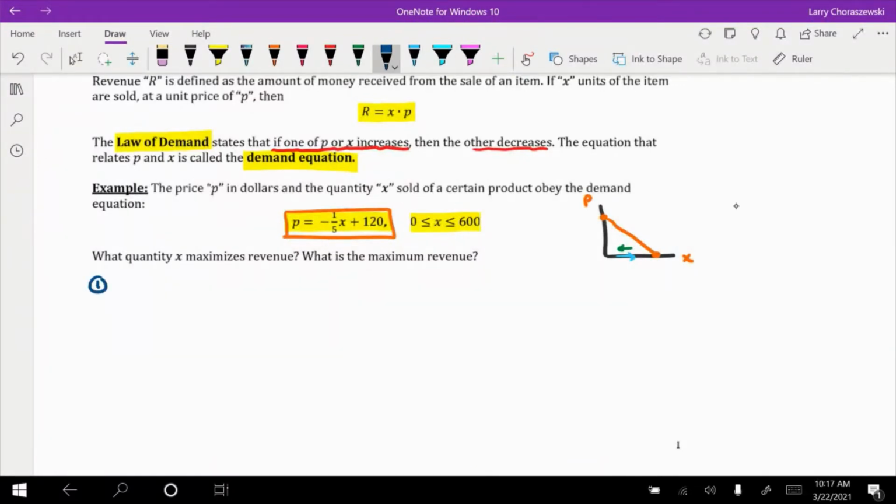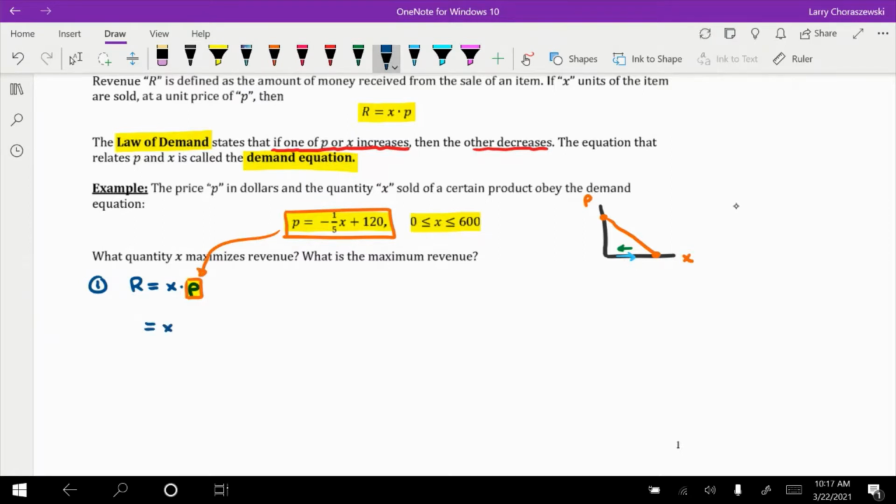Number one, we have to come up with the revenue equation, but it needs to be a function of x. And if we just use x times p, that's not going to work because there are two variables here, x and p. The trick is to replace p with the demand equation.